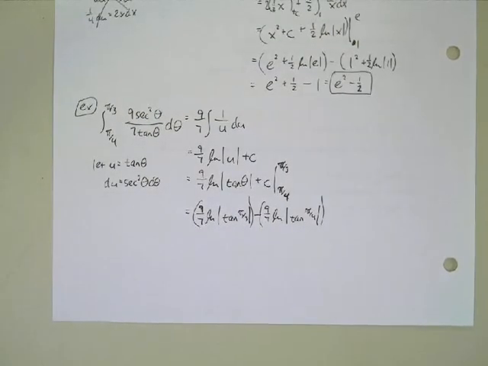Tangent of pi over 3. It's a free response question, right? That's true. So we could just stop right there if it was a free response question. Let's evaluate though. What's tangent of pi over 3? Okay, yes, it is root 3.